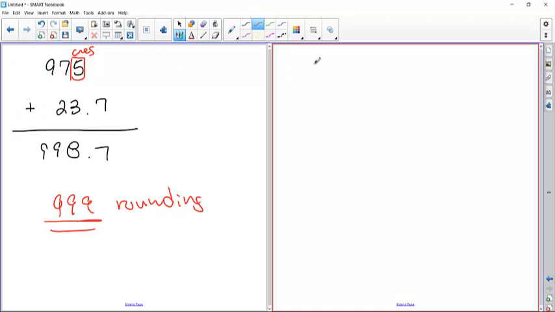Okay, let's do 12,000 plus 21. So this one only has two significant figures, and it's only significant to the thousands place. We don't know if these zeros are significant or not.